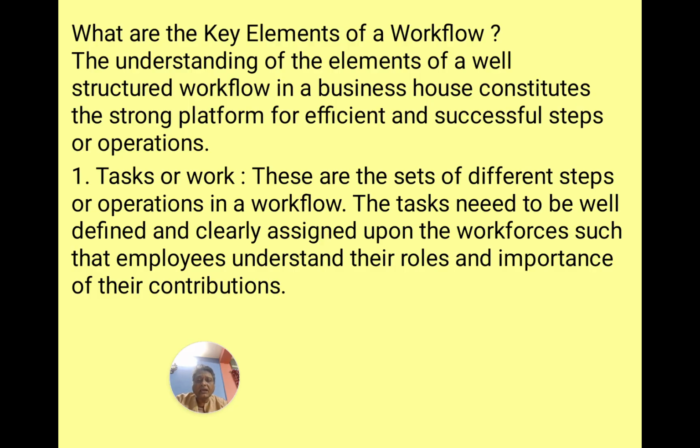What is workflow? A set of steps or operations carried out in such a way that the raw material is transformed into a good, the best finished product, with success and efficiency, and the product is made cost effectively.